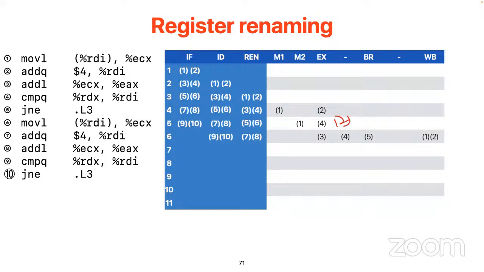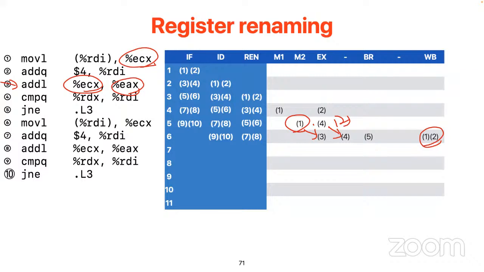And in the next cycle, 4 has freed up the execution. So you can definitely put 3, especially at this time, the ECX is already generated by 1. So 3 can be here, and 4 is now in the idle stage. And 2 has finished its work, so it could be written back together with 1.